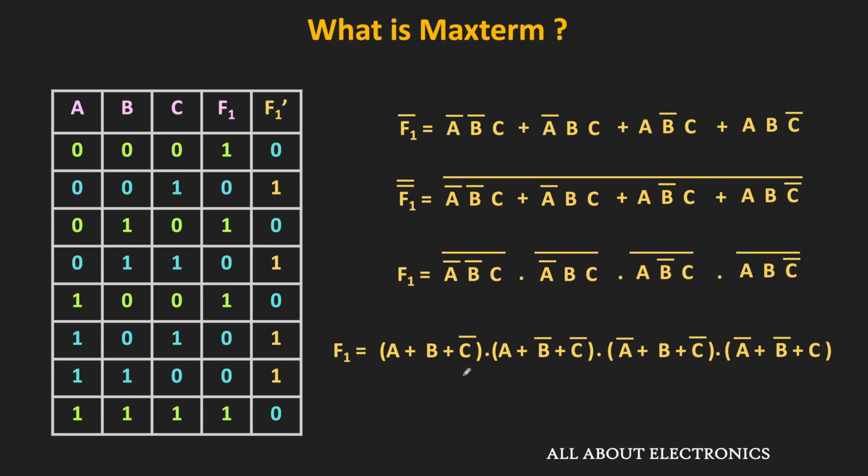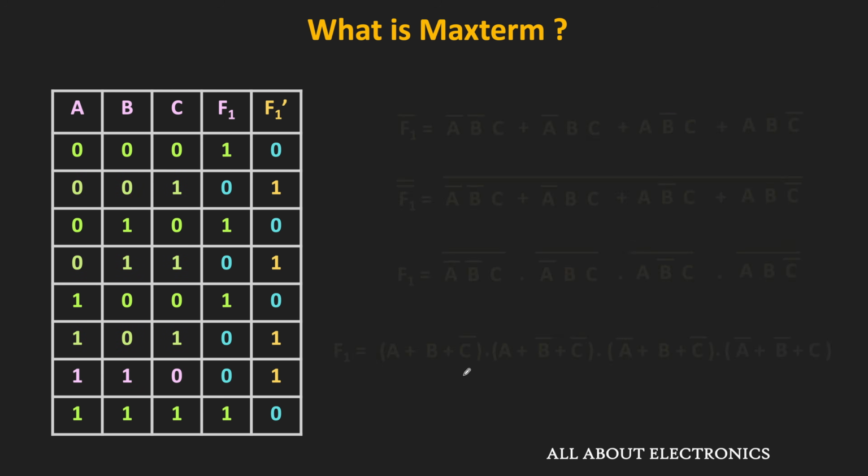Now if you closely observe, then this Maxterm a plus b plus c bar corresponds to 0 0 1. Likewise, this Maxterm a plus b bar plus c bar corresponds to 0 1 1. Similarly, this a bar plus b plus c bar corresponds to 1 0 1, and likewise this a bar plus b bar plus c corresponds to 1 1 0.